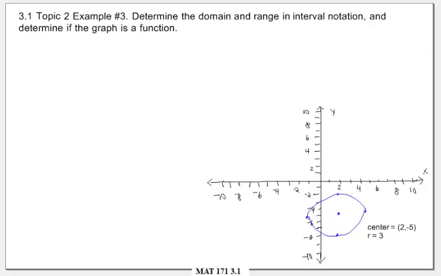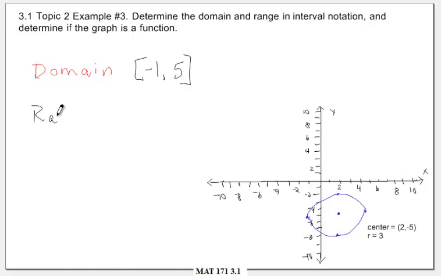For example 3, we're going to determine the domain and range in interval notation and determine if the graph is a function. We have a circle here, and our domain is from left to right. So our domain is negative 1 to 5, and it's inclusive of negative 1 and 5 because those are solid dots.